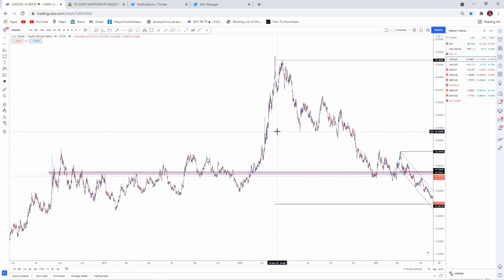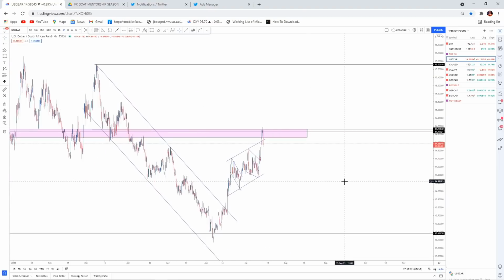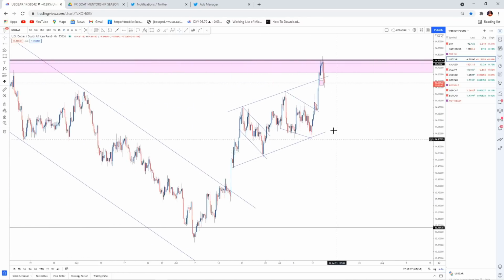When the prices went above the zone, it was now a support. Now the prices are below the zone, it's again a resistance overall. If you zoom in, you're going to start seeing the same thing that I saw: the market has now respected this area, and what we need to start looking for is selling opportunities on USD ZAR, since we got that touch at the top.